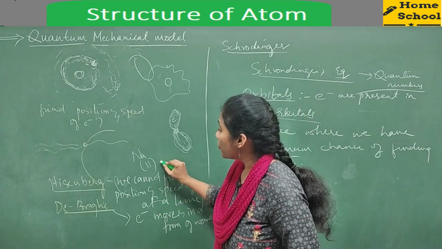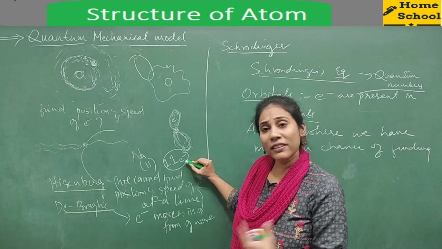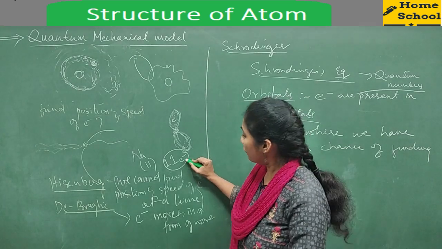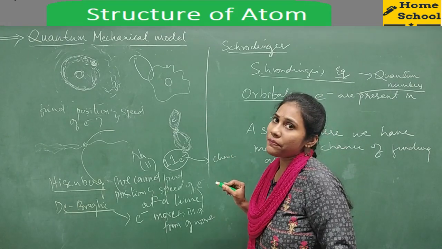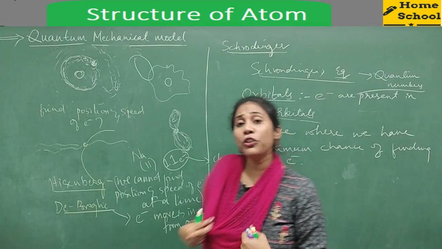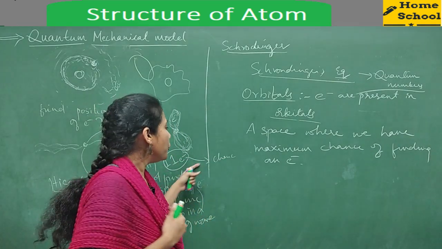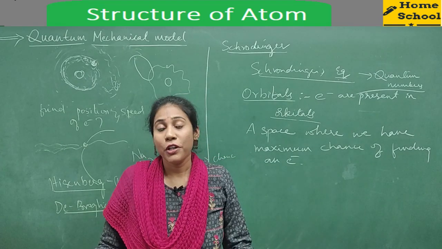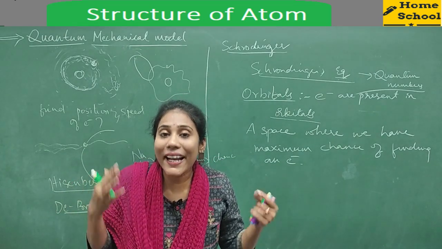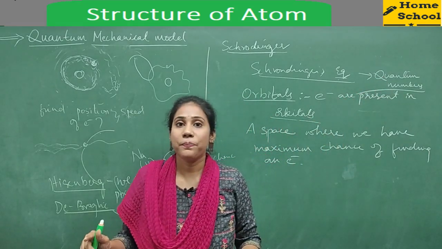That means sodium has 11 electrons. Among the 11 electrons, only a few will participate in chemical reactions. If you want to know which electron participates in a chemical reaction, you must know that electron's address. How do you know the address of an electron? It is with the help of quantum numbers.